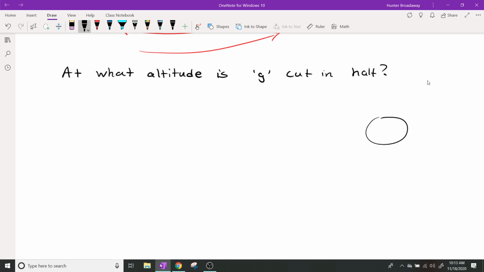So how high above the Earth do you have to get before the acceleration due to gravity is no longer g, but it's actually g over 2? How much of a height do we have to get above the surface of the Earth? So the first thing that we'll say is that we know that the radius of the Earth is a certain value, so let's call that RE for the radius of the Earth. And we want to know, what's this altitude? What's this height? How far do we have to go up there?